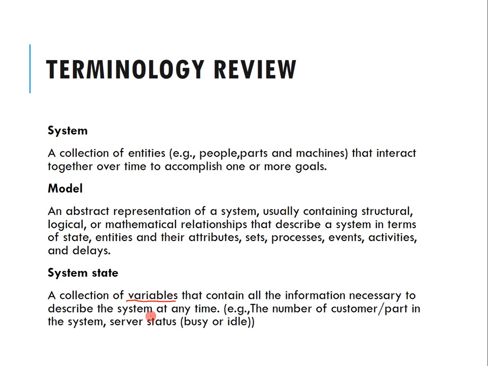Normally the status of the server is either busy or idle. Idle means it's not doing anything, just waiting for a part or customer to be served. Busy is when the server is processing the customer.